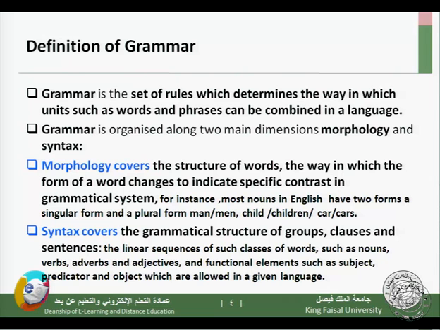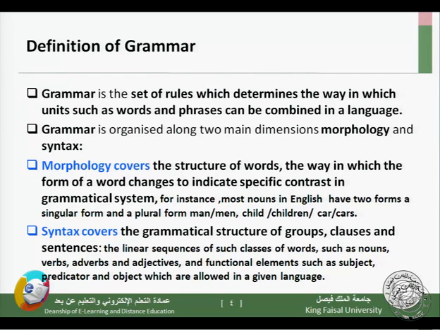We will come to it in more detail, but it is important to know what we mean by syntax. All right, so this is in front of you, and it explains itself. But you need to know what we mean by adjectives. We need to know what we mean by functional elements such as subject, predicate, and object, which are allowed in a given language.